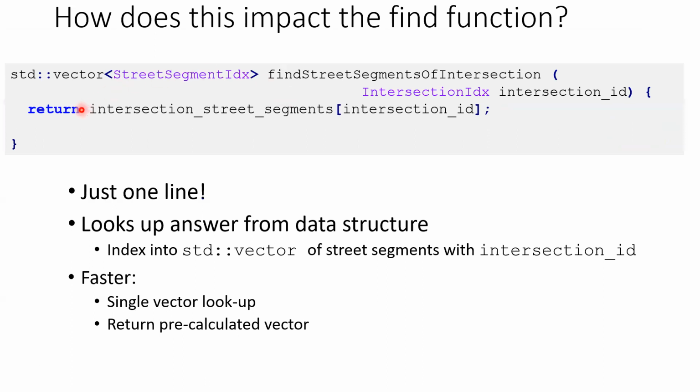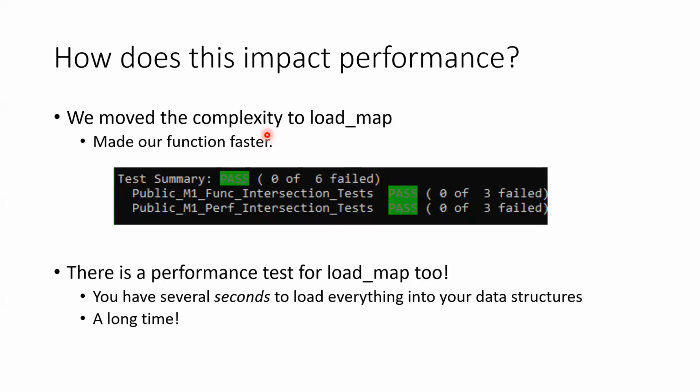It's going to be just one line where we just get the vector from your global variable in O(1) time. And if we run the test again, you'll see that the functionality and the performance tests are passing.